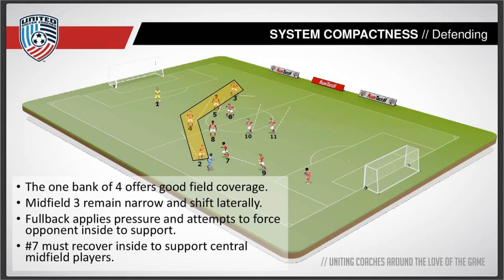A very helpful way for the players to look at this in terms of shape, and it's diagrammed here very nicely, is this notion of sort of a hockey stick. And the idea is that when the 2 is pulled up into a higher position, maybe into the midfield to put pressure on the ball, there is a corresponding slide and shift by 4 and 5 and 3.